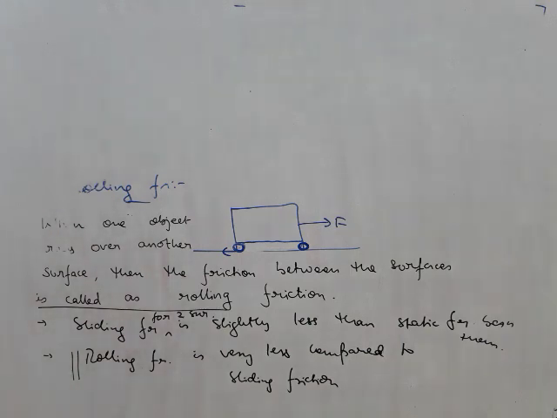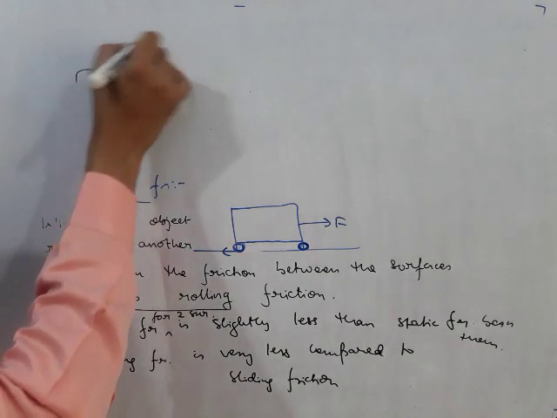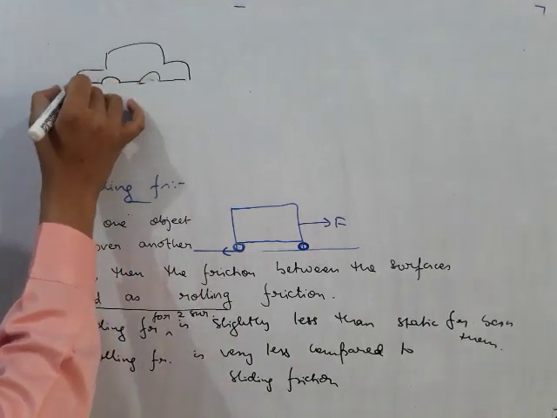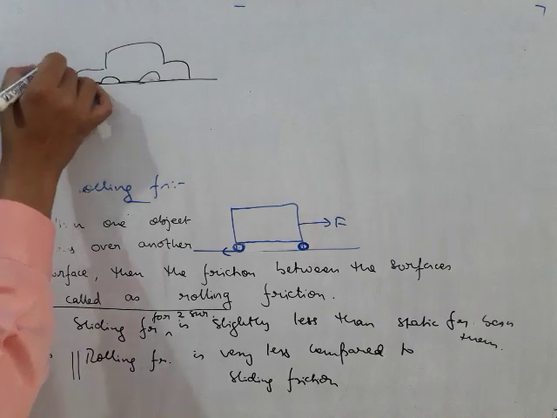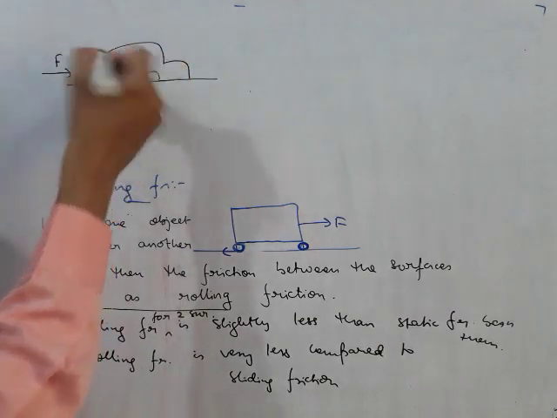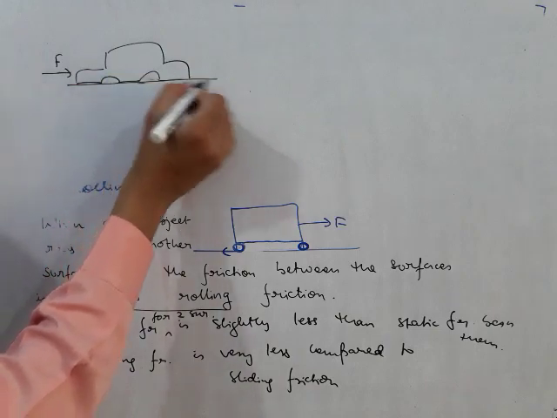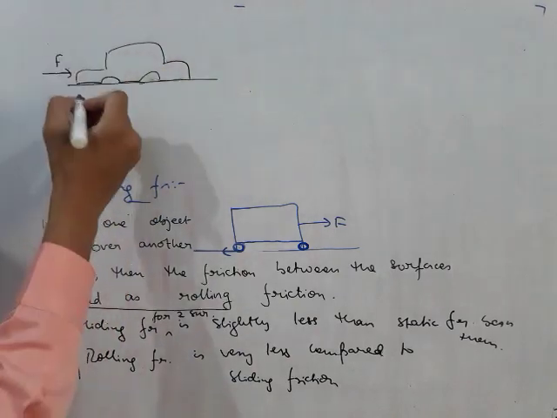Imagine if you are asked to push a car on the road with a condition that its wheels are removed. There are no wheels. Then the force which you have to apply to push this car should be greater than the limiting friction between the car's body and the road. That will be very, very large.